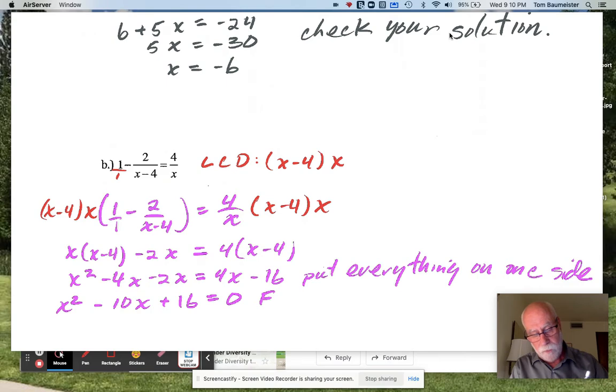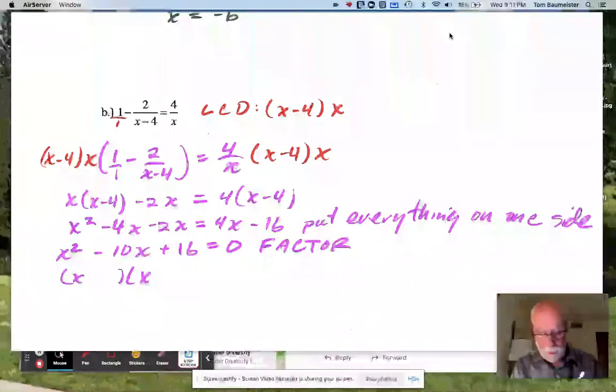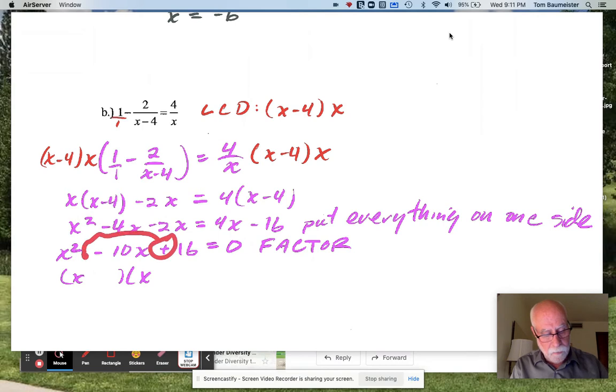So now again, we're going to factor, just like we did on the top one. So if I do that, let's see, I have an x, and I have an x. Again, look at this one here, it's positive. So when that one's positive, we look at that one there. That one's negative. So that tells us we're going to have 2 negatives there.